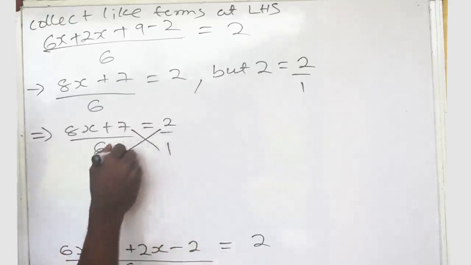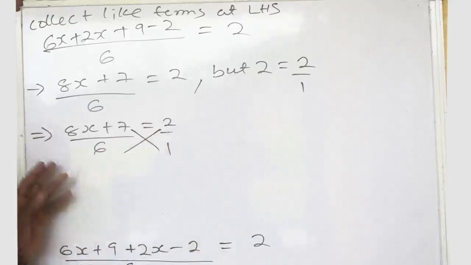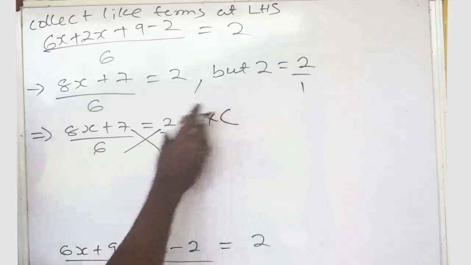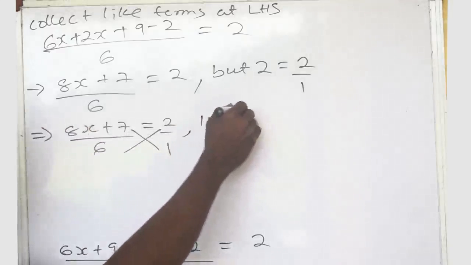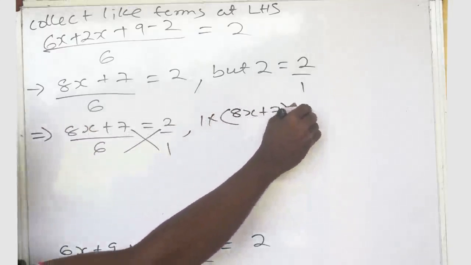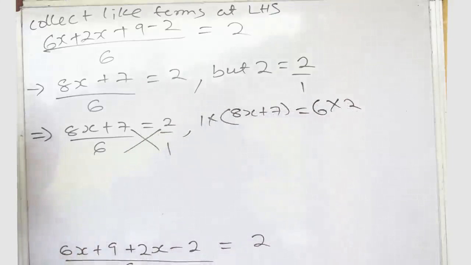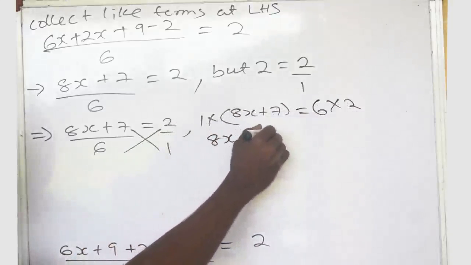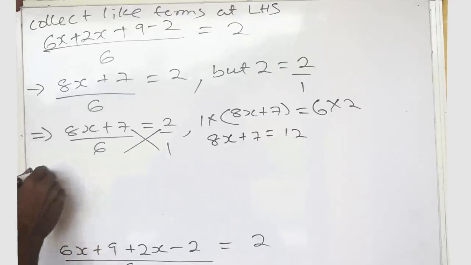So we then say cross multiply, because of the presence of the equality sign and it has to do with fractions. So we multiply everything at the top of the left hand side. We have 8x plus 7 equal to this 6 multiplied by 2, which is 12. So you say collect items.